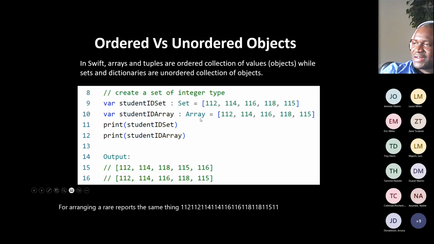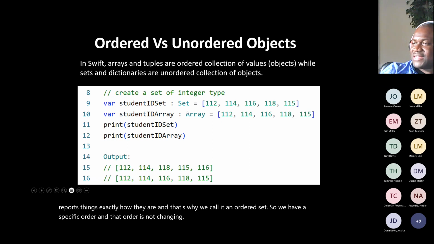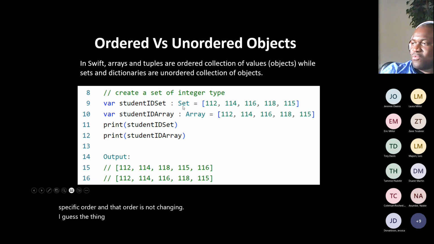So the array reports things exactly how they are, and that's why we call it an ordered set. So we have a specific order, and that order is not changing. But guess the thing about sets. Once you feed sets some information, guess what? It goes about trying to rearrange the set.